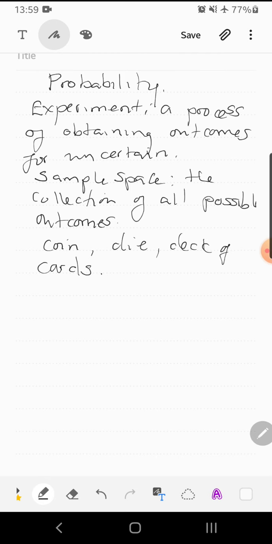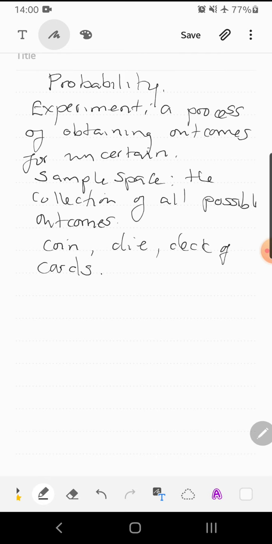The collection of all possible outcomes is the sample space. So when you have a set containing a head and a tail, then you know that you have a sample space for the coin. A die has 6 faces. A deck of cards has 52 cards, of which 26 are black and the other 26 are red. You have to know cards like an ace, the card that has an A.